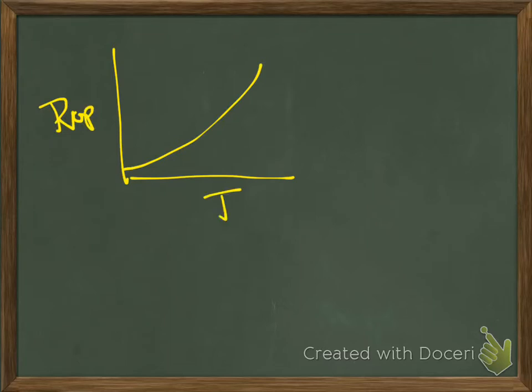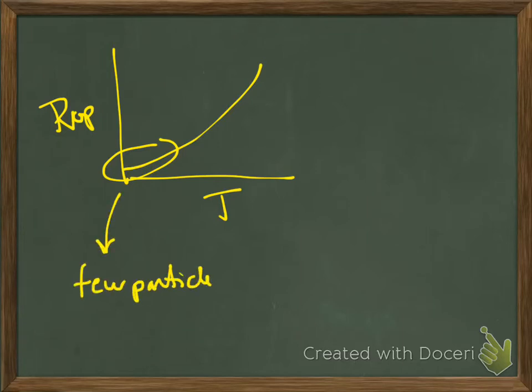Alright, so let's take another closer look at this vapor pressure versus temperature. If we look at this part of the scale right here, at this part few particles have enough kinetic energy to leave the liquid phase.